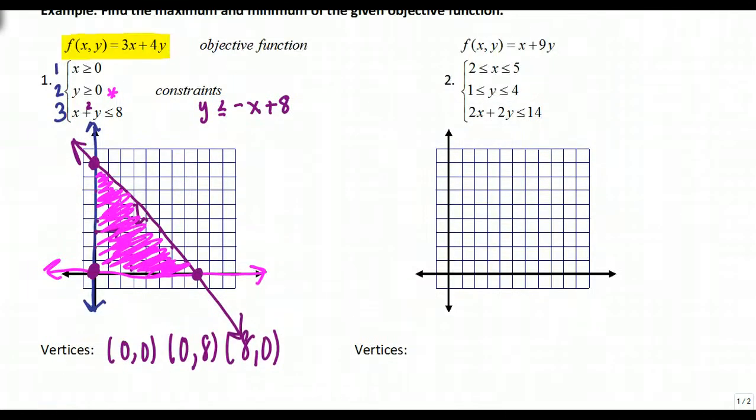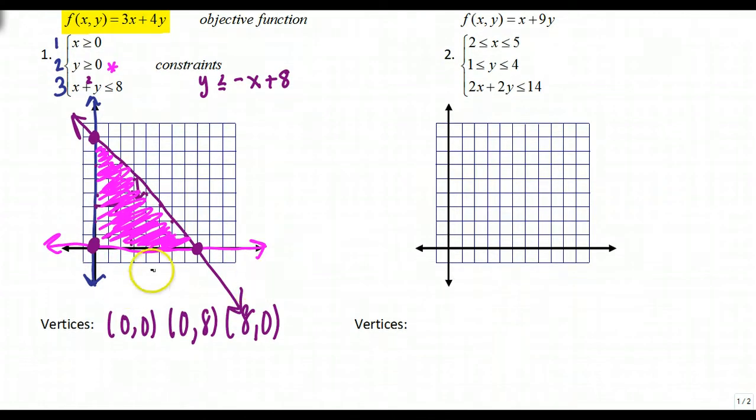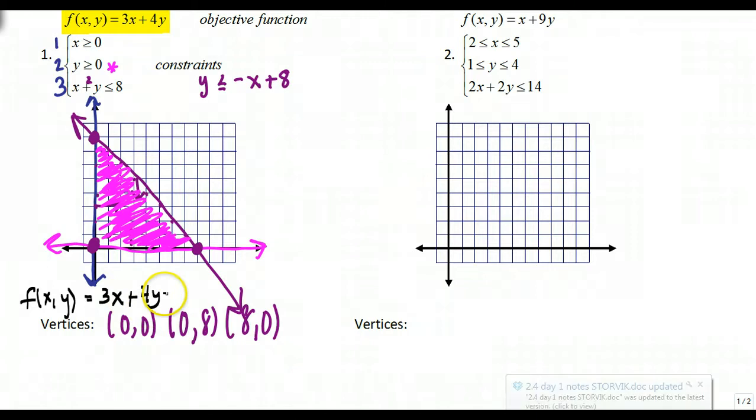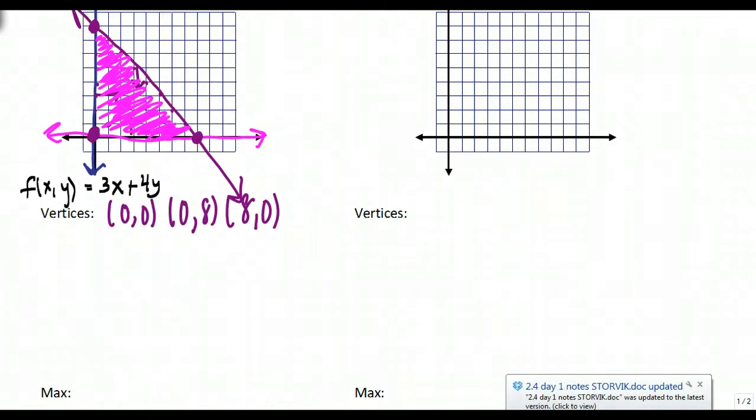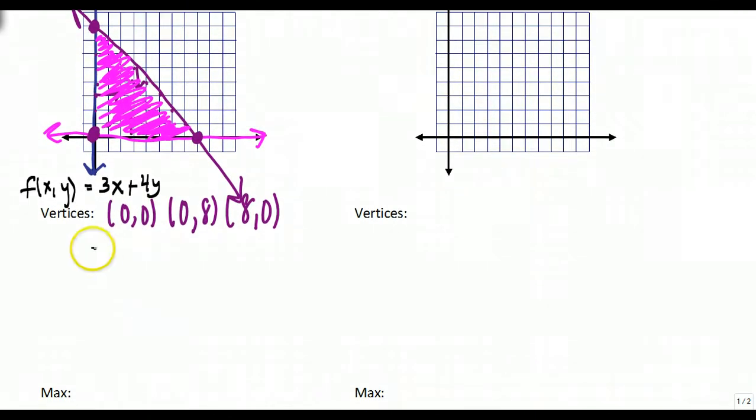So I'm going to rewrite my objective function down at the bottom so I can reference it really quickly without having to scroll. So I know I'm going to use f of x, y equals 3x plus 4y. And now again, this is something we have seen before. All I need to do is evaluate my function for each of my vertices.